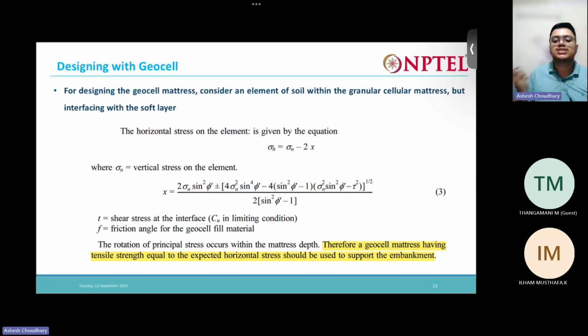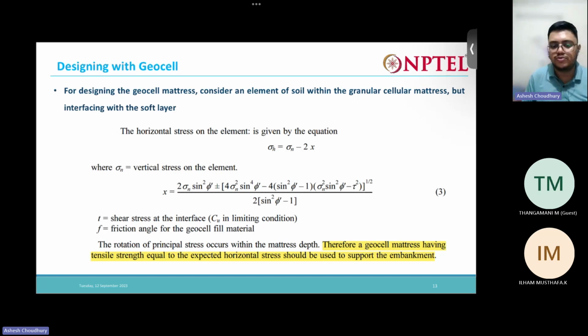Therefore, this is important: a geocell mattress having tensile strength equal to the expected horizontal stress should be used to support the embankment. So we will be calculating the vertical stress, and the geocell tensile strength should be greater than the horizontal stress.